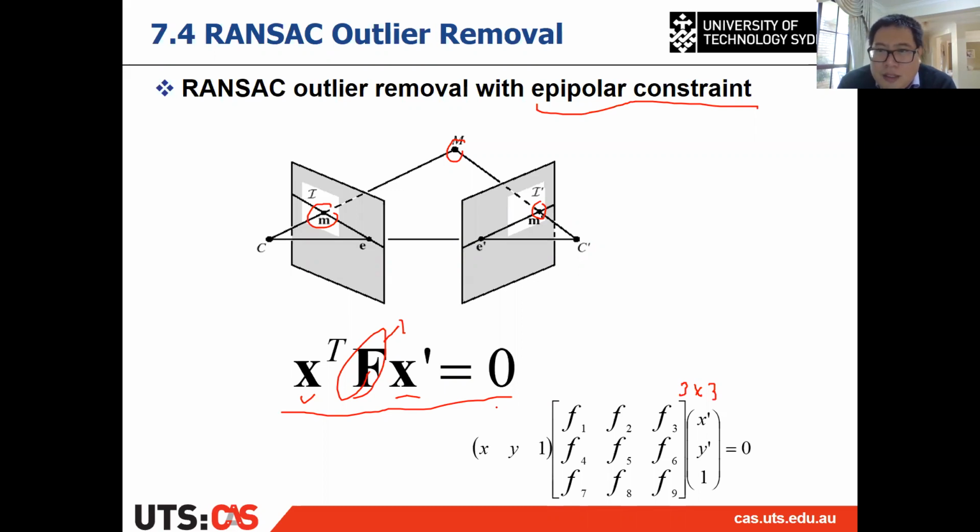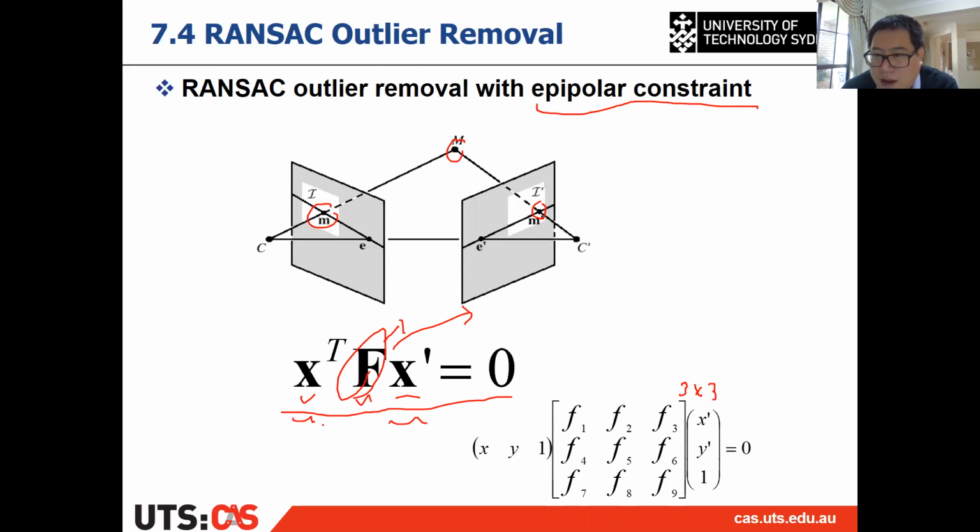The first thing is, in your first run, you randomly select 8 points, 8 correspondences. From the 8 correspondences, you can calculate the fundamental matrix F. After you have F from the 8 randomly selected correspondences, you can test all the other correspondences.